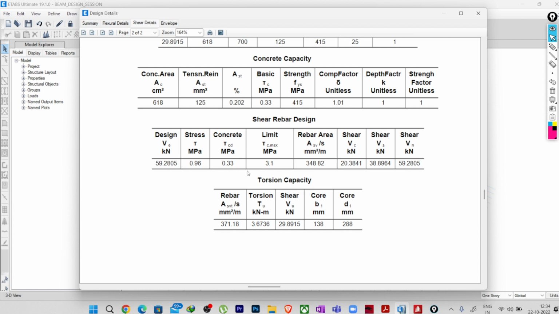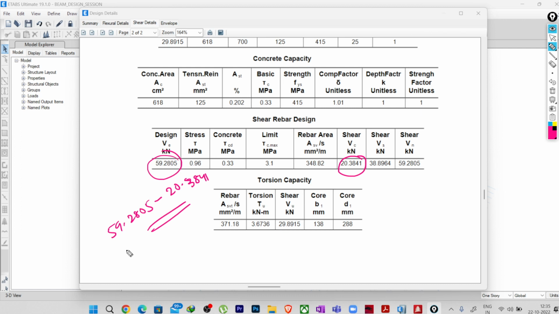So as my tau v is not greater than tau c max, we went for further designing and we found out the Ast from here. So we found out the equivalent shear, and from this equivalent shear we found out the Vc. This is the shear taken by concrete, and if you subtract it, 59.2805 minus 20.3841, how much are you getting?